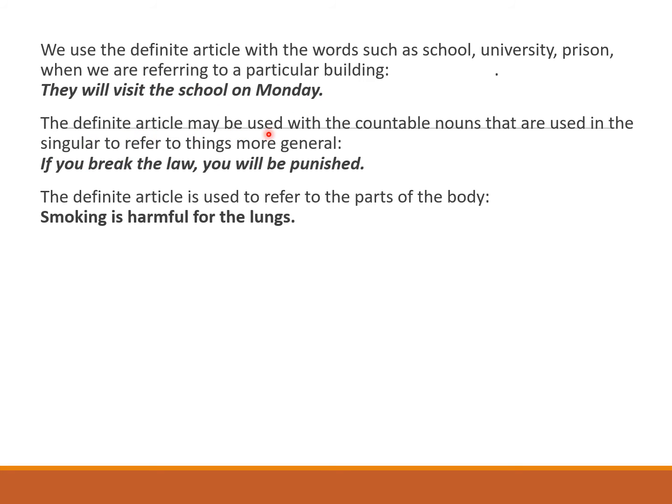The definite article may be used with countable nouns that are used in the singular to refer to things in a more general way. For example, if you break the law, we call it law in general. You will be punished. The definite article is used to refer to the parts of the body. For example, smoking is harmful for the lungs.